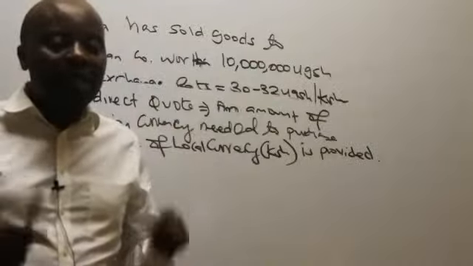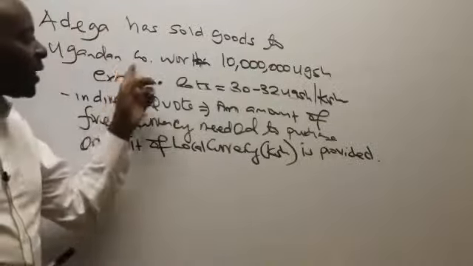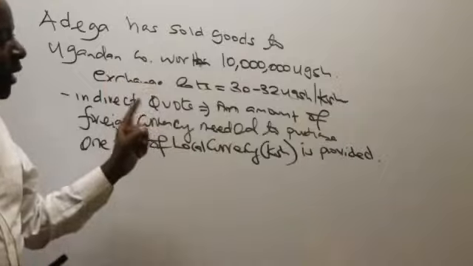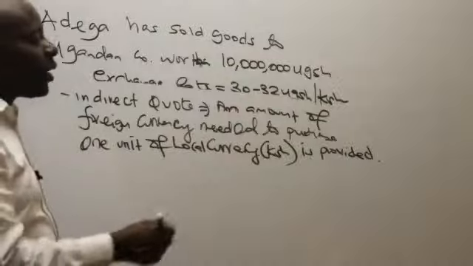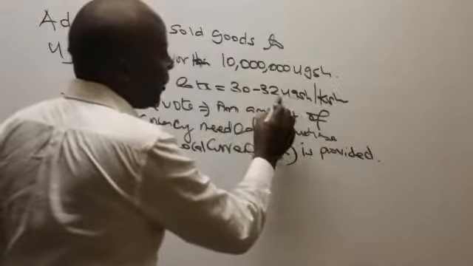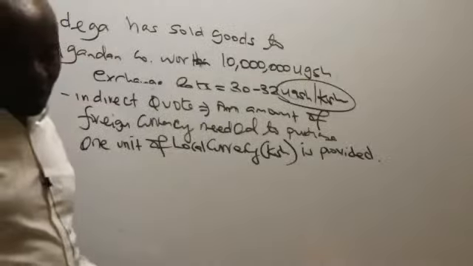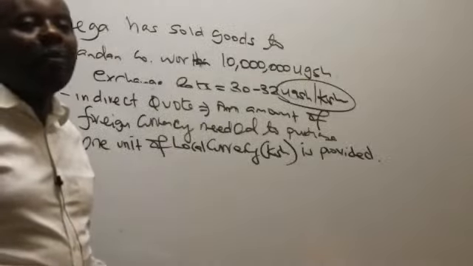It can only make sense when you look at Adega's case. Now, in Adega's case, could you kindly tell me what kind of a representation is this? Is it a normal representation or an abnormal one?